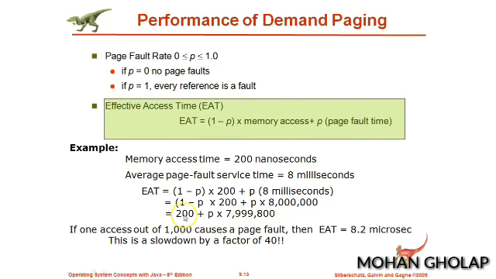So if you put in a suitable value for p, you will get the actual effective access time. If one access out of 1000 causes a page fault, then the effective access time will become 8.2 microseconds. So this is a slowdown by a factor of 40.